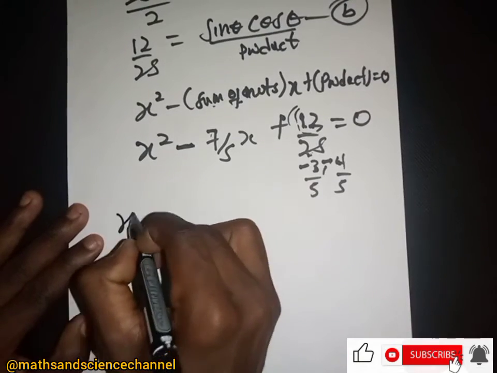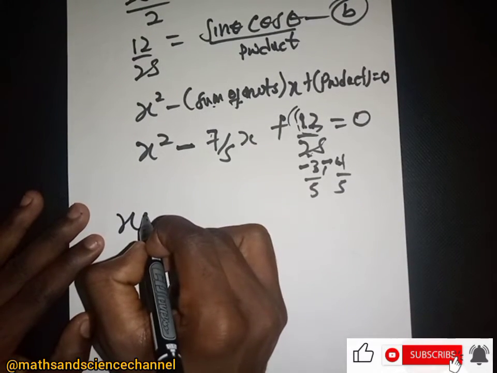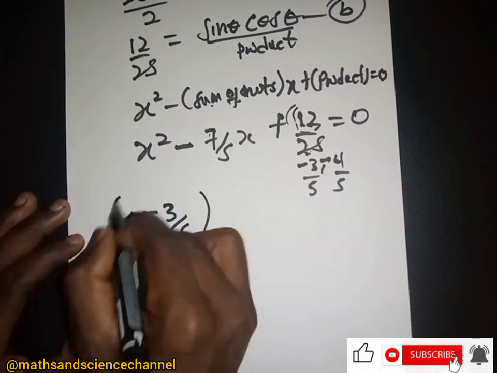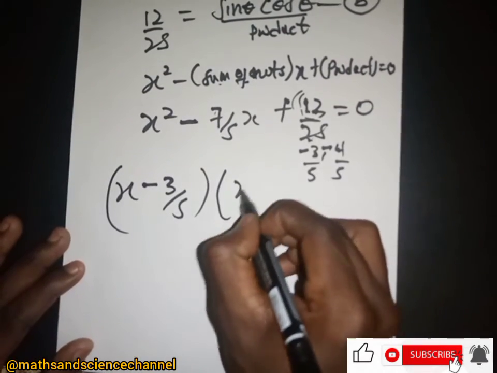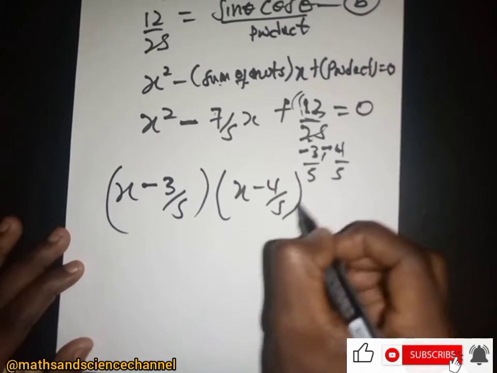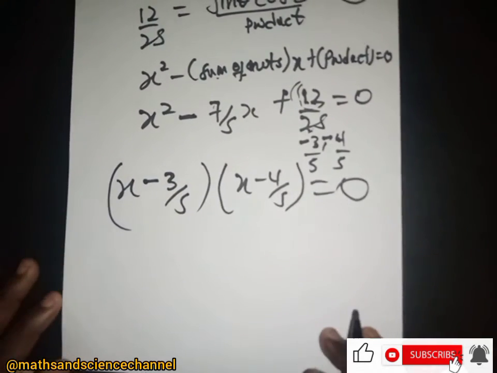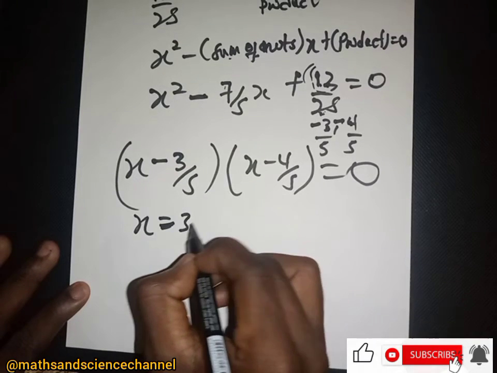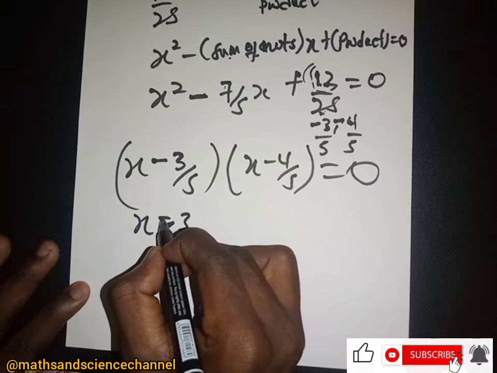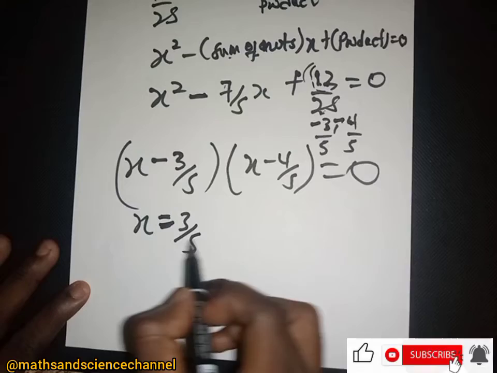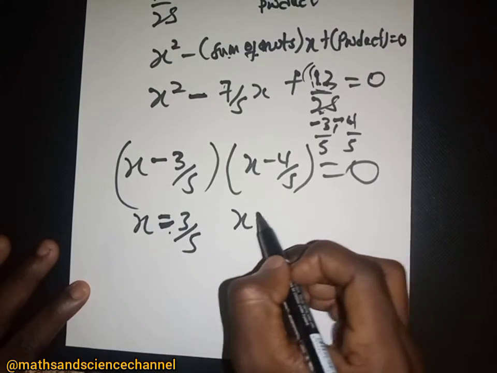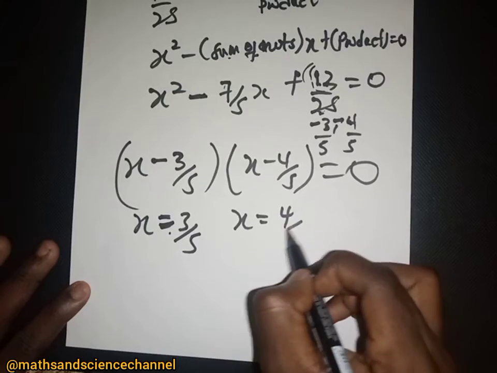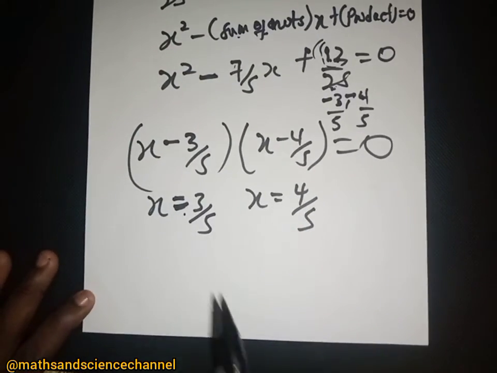So we get x minus 3 over 5 and x minus 4 over 5 being equal to 0, right? So x will be 3 over 5, and over here x will be 4 over 5. So these are the values of x.